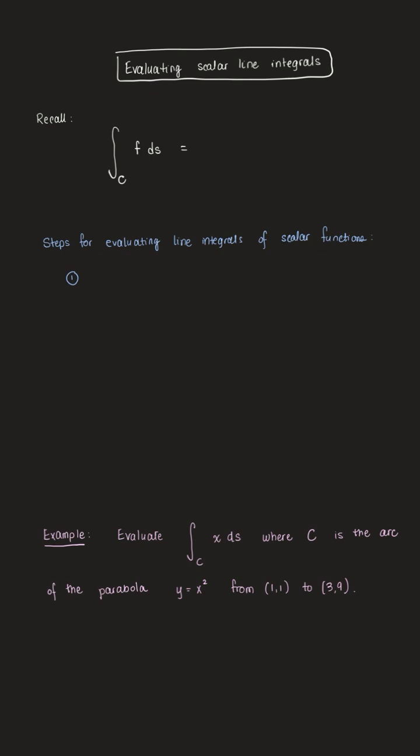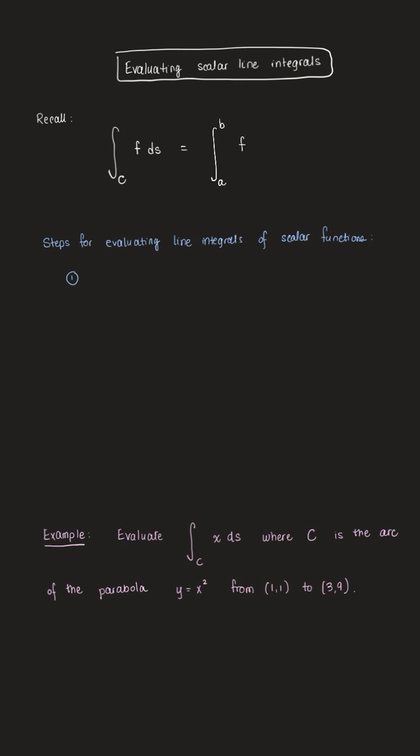In the last video, I showed you that we can represent a scalar line integral using our integral symbol with our curve C, f ds. And for calculations, this would be the integral from t equals a to t equals b.